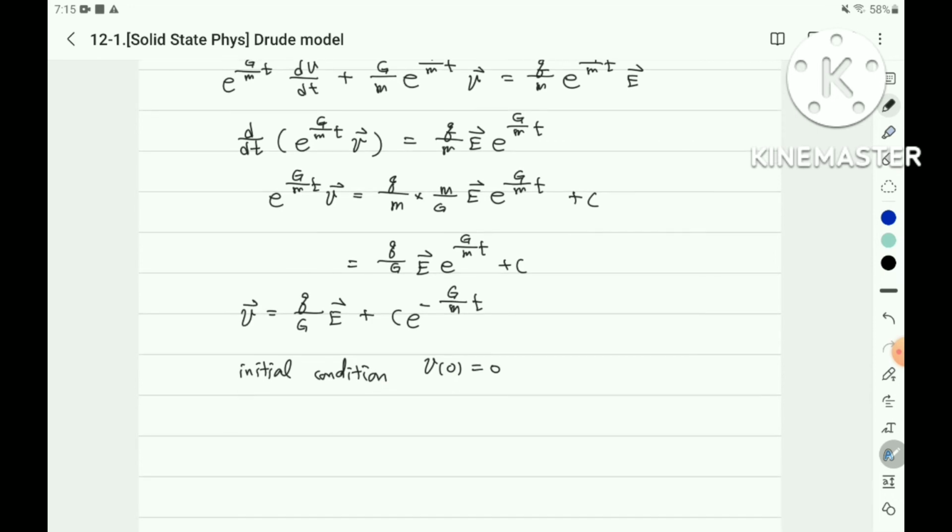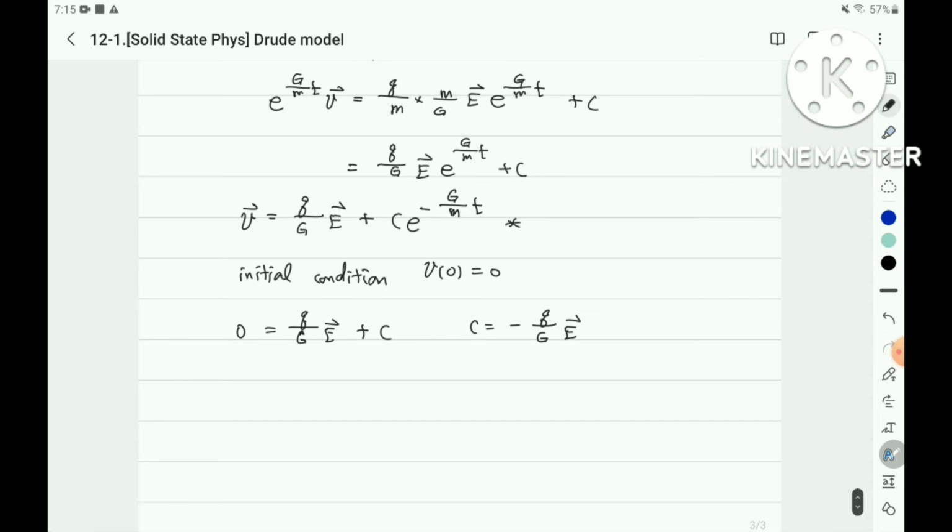Then at t equals 0, 0 equals qE/g plus C. Therefore, C equals minus qE/g. Substituting into the equation, v(t) can be written as qE/g times (1 minus exponential minus (g/m)t), and it is the solution.